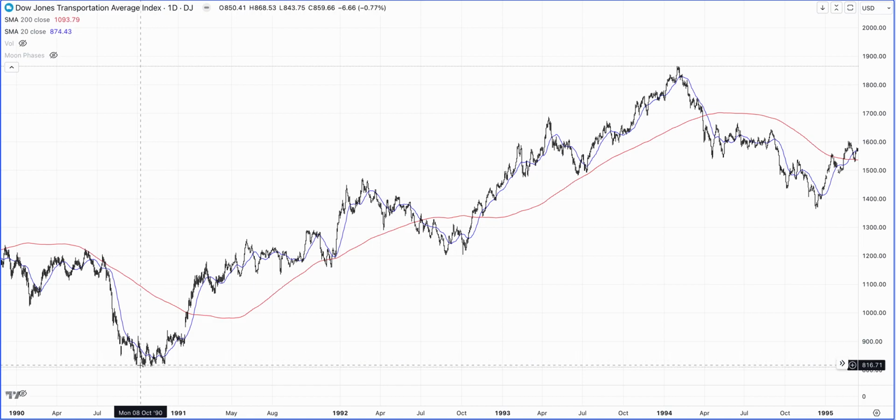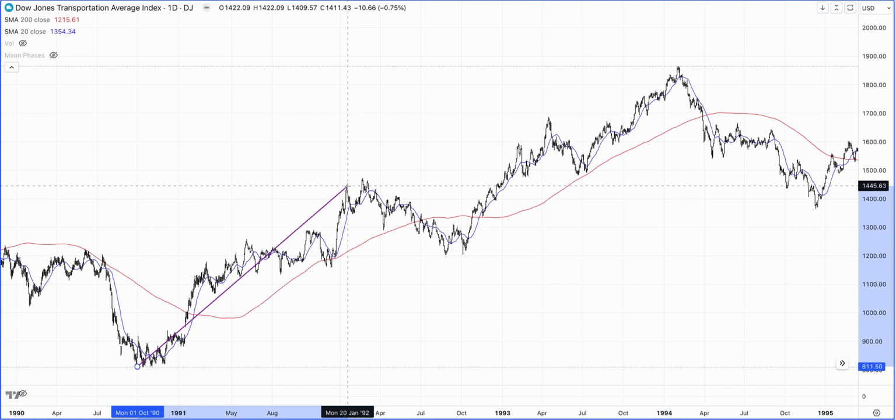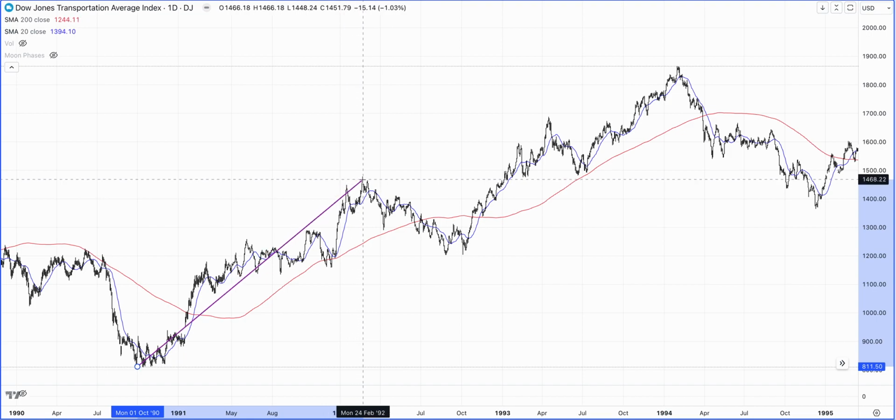So there is a phase from October of 1990 till February 1992. So we'll just try to draw that here. So this is around October of, here we go, 1990, and then we'll move to February 1992.